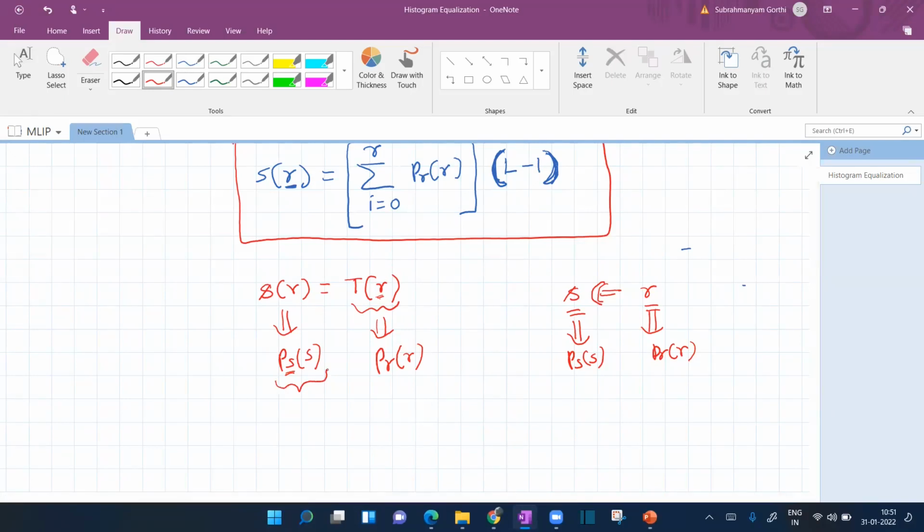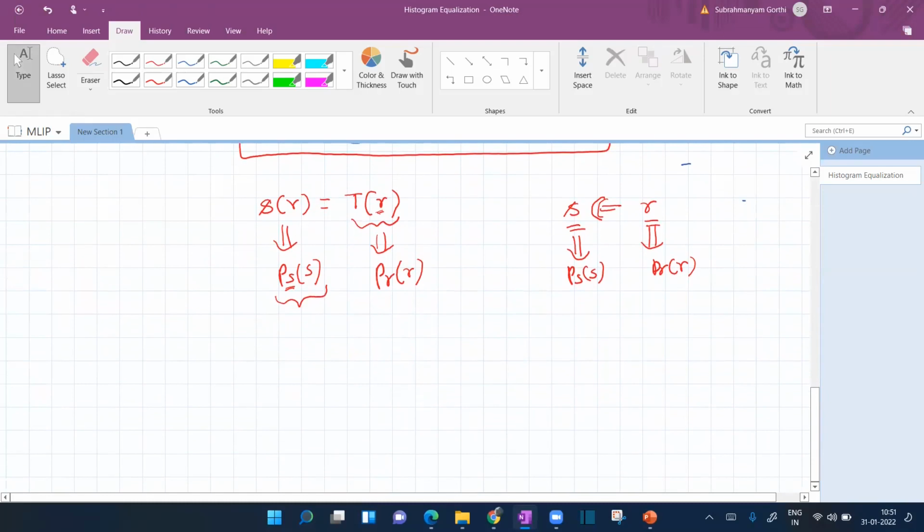That probability density function, obviously you are doing it for achieving a particular type of probability density function. Now in calculus, if you are doing a course related to calculus, you would have studied that if this whole transformation satisfies the quality of a monotonically increasing function, what does that mean?